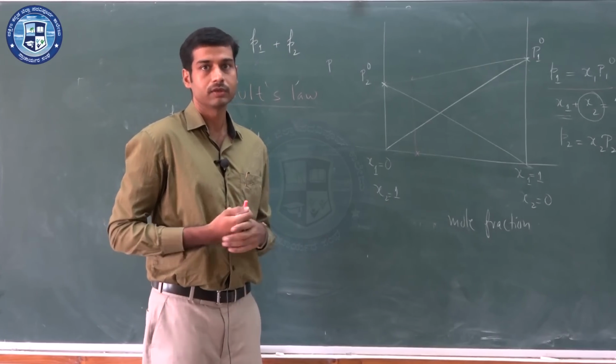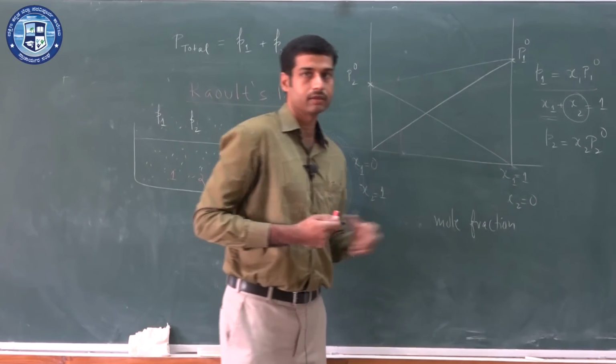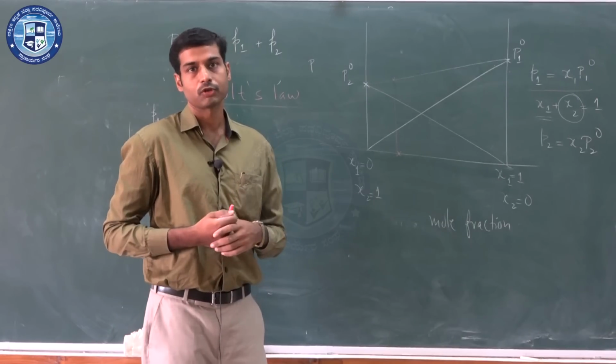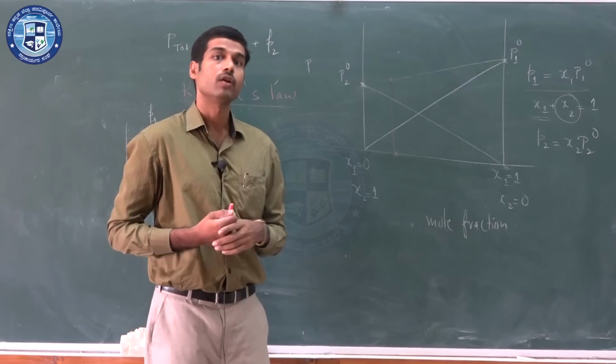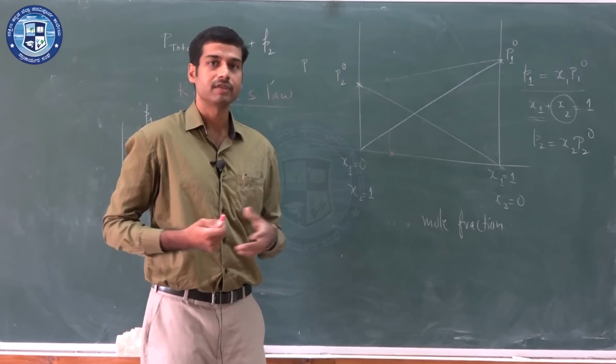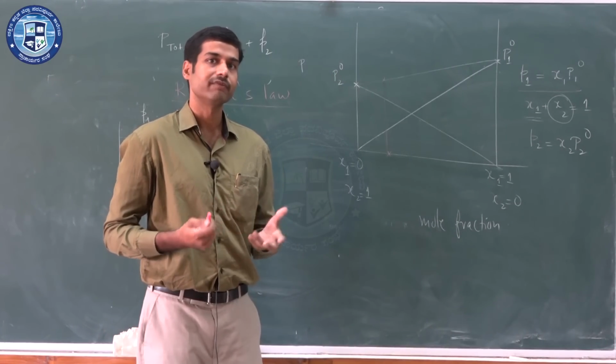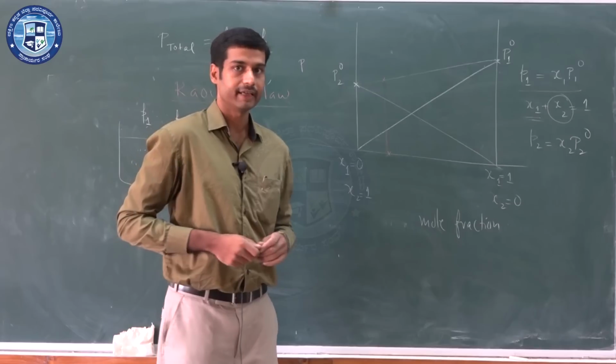If they adhere to this law, then you will get curves like this, but then there is a possibility that this may not be obeyed. There might be some solutions whose partial vapor pressure is more than expected.